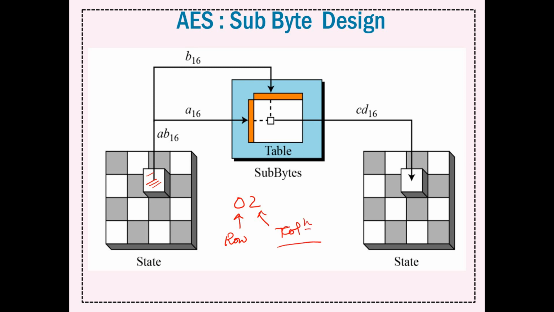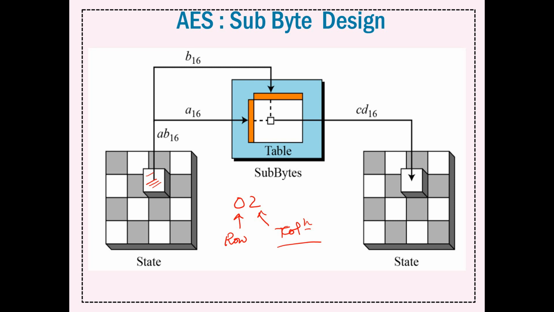So for each and every byte of the state matrix, when we are undergoing the sub byte step, the first digit of each byte will be considered as the row number and the second one will be considered as the column number.